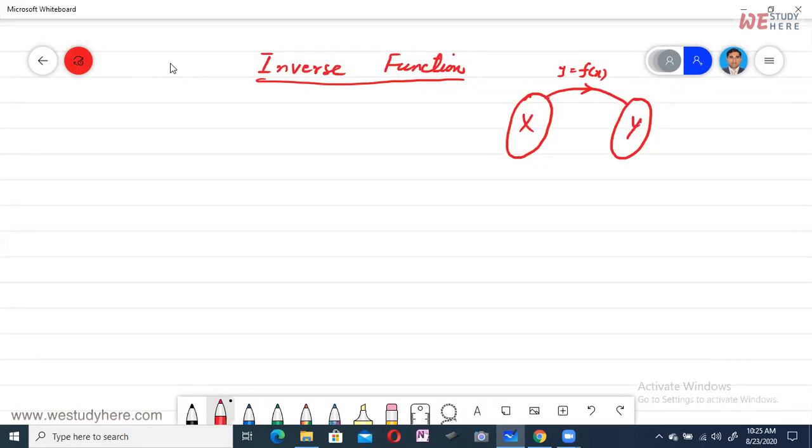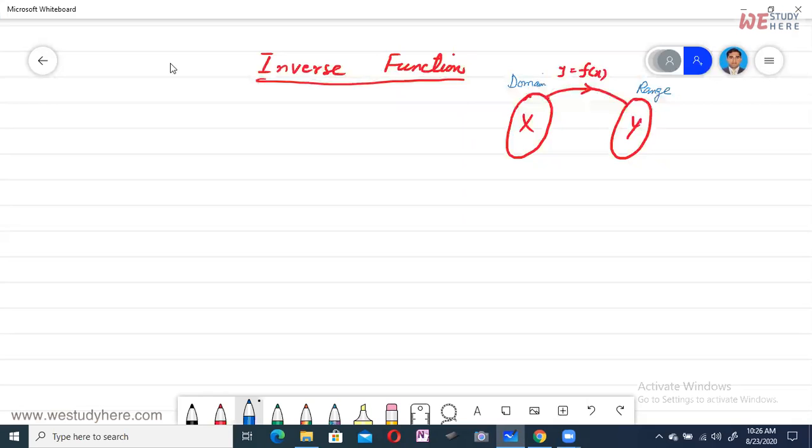All the elements of the first set, we were saying the domain elements, and all the elements of the second set, we said range elements.